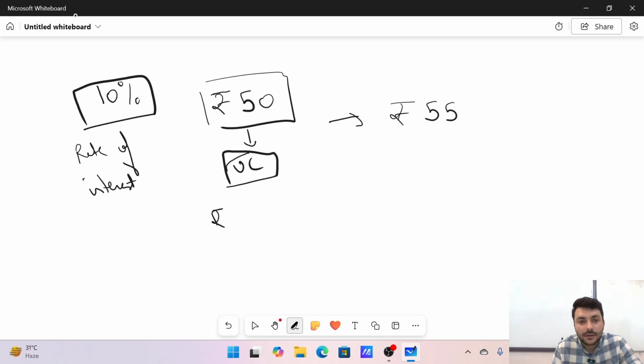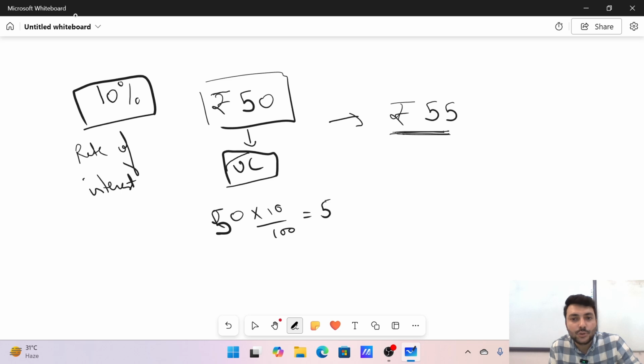If you see, 10% of 50 is 5. 50 plus 5 is 55. So in the next time period, the user cost should become at least 55, so as to satisfy the Hotelling's rule.